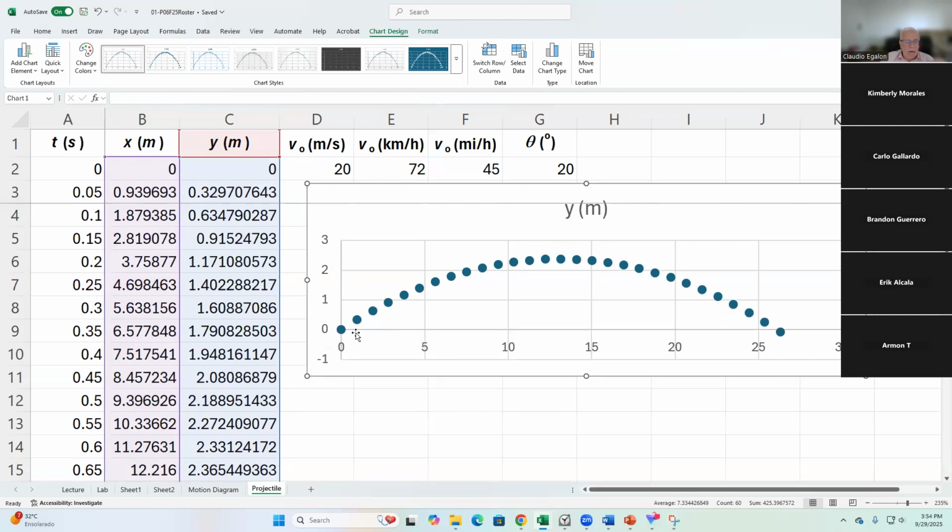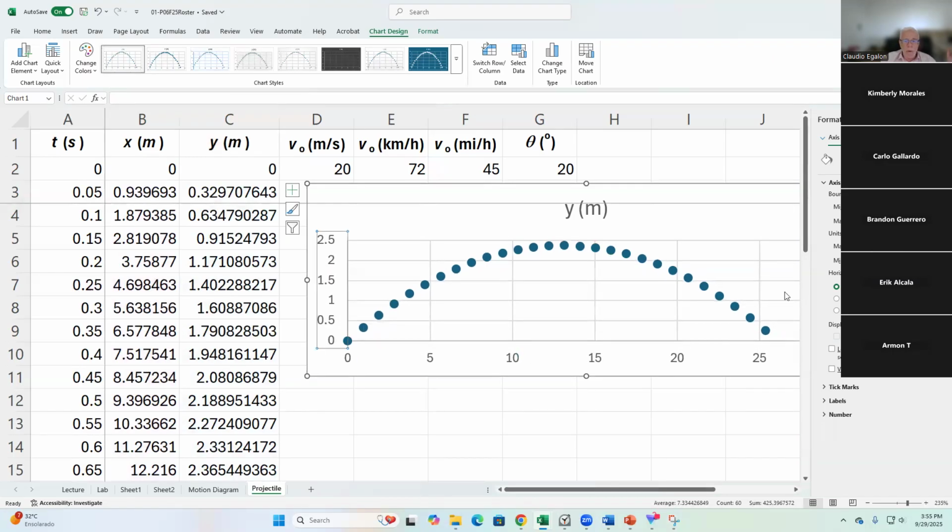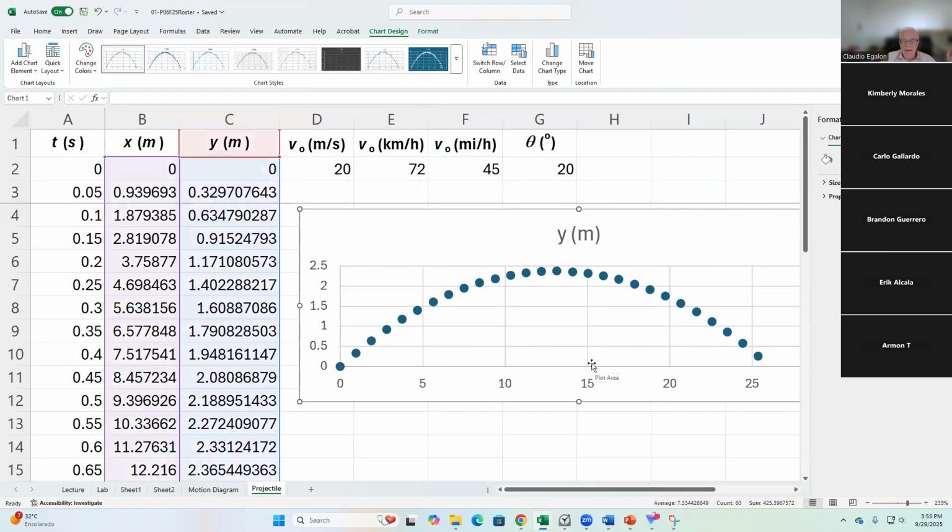This distance here is supposed to be half this distance from here to here, okay? And I'm going to adjust this axis not from -1, but from 0, okay? And that's how the motion diagram of a projectile looks like. Do you see the parabola here, right?